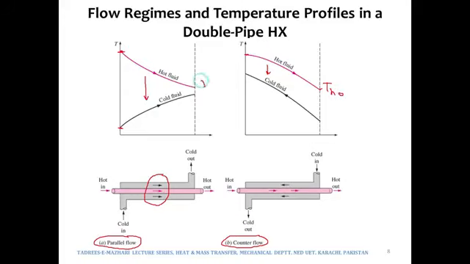Over here the temperature of the hot fluid which goes out can never exceed the temperature of the cold fluid which is going out. But over here, the temperature of the cold fluid which is going out can exceed the temperature of the hot fluid going out.